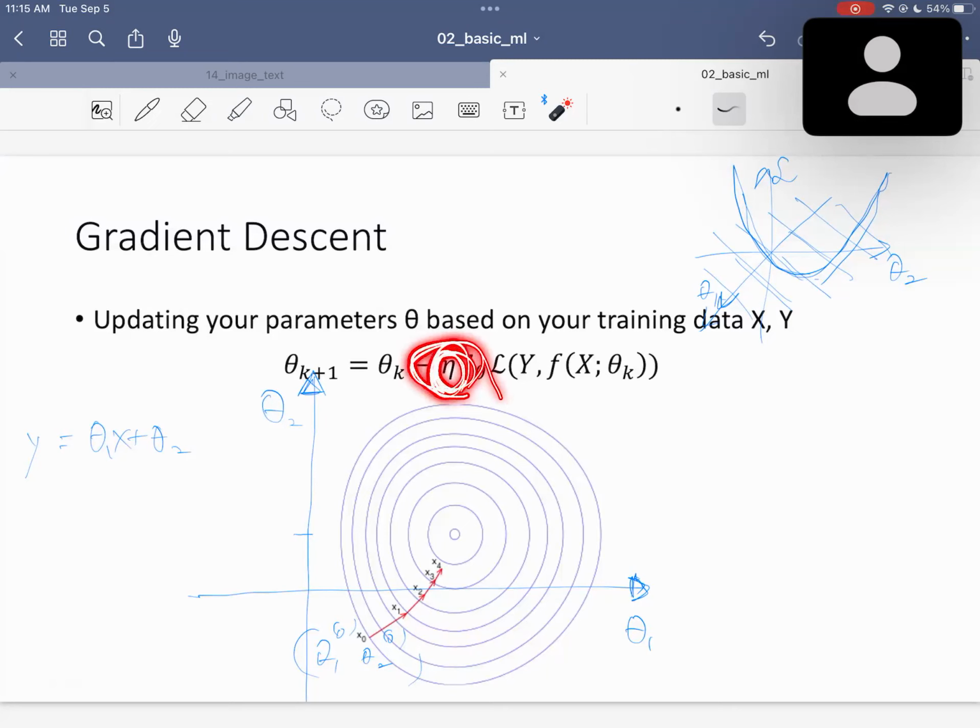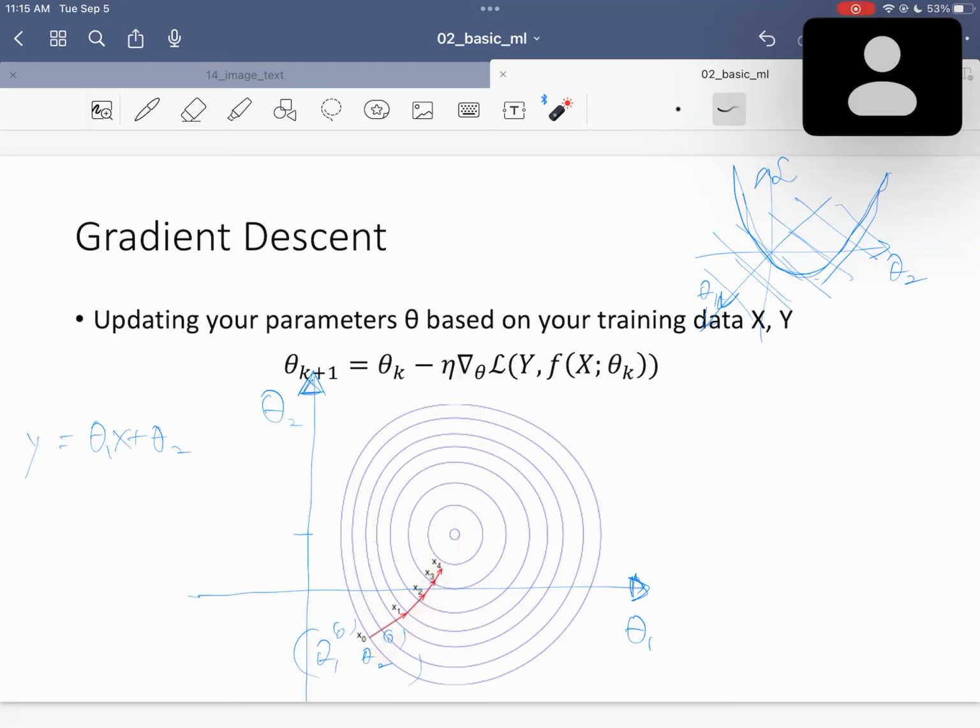This eta is the step size. It could be 0.1, 0.01, 0.001. It's up to you which value you use for eta. If you use a large eta, you'll take large gradient steps like this. If you have a very, very small eta, your gradient steps will look like this.